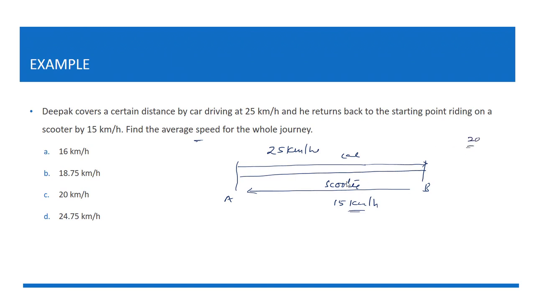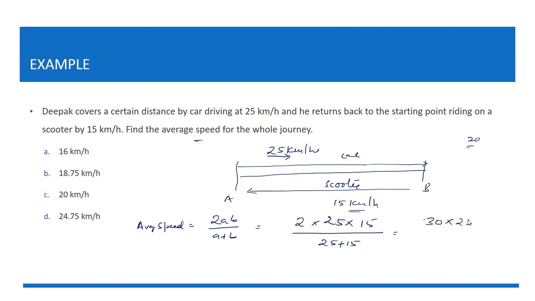But that is not the case here. We know average speed is equal to 2AB divided by A plus B. So 2 into 25 into 15, divided by 25 plus 15, which is 15 2s are 30 into 25, divided by 40. This 0 I will cancel, which is going to be 75 by 4. Now divide it.